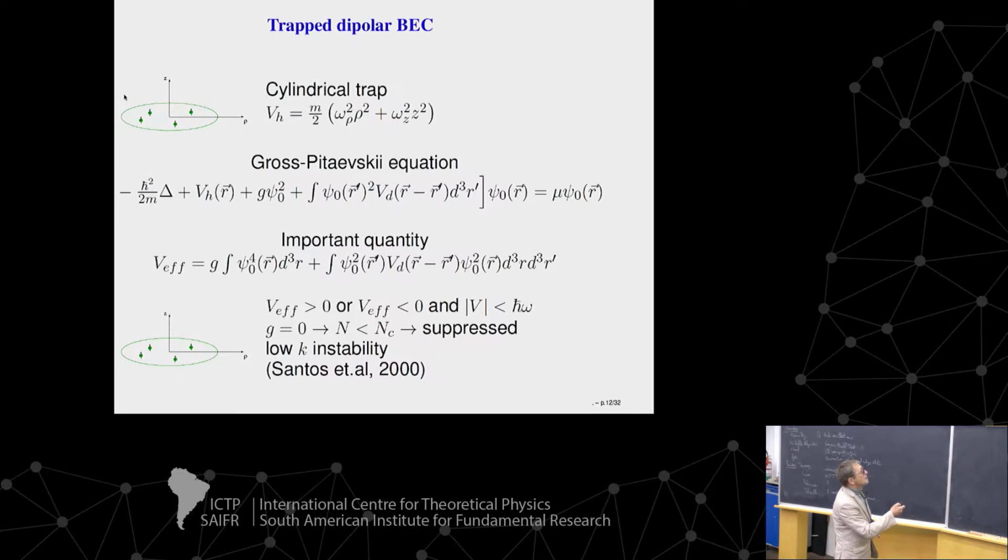This is the transverse frequency, longitudinal frequency, rho and z are the coordinates, yes? Then, of course, what we do, we write down the Gross-Pitaevskii equation, which now looks this way. This is the harmonic potential, this is the short-range interaction, and this is the dipole-dipole interaction.